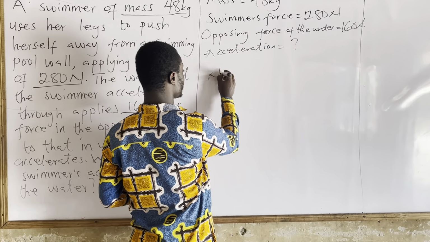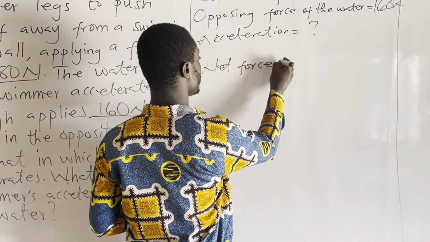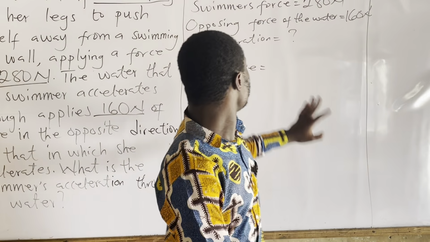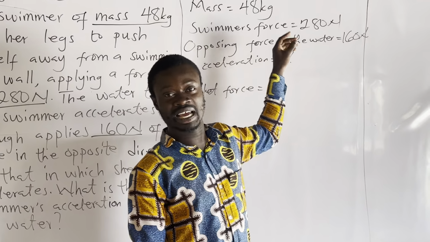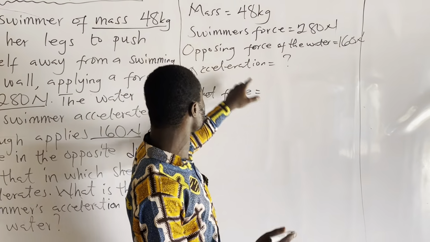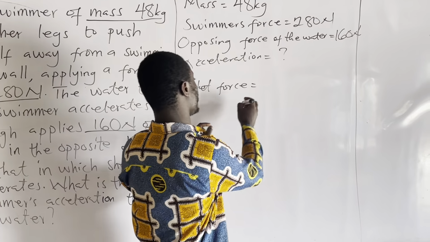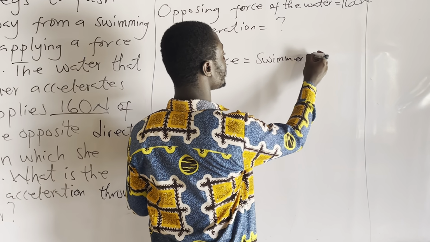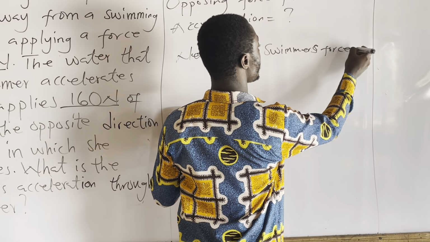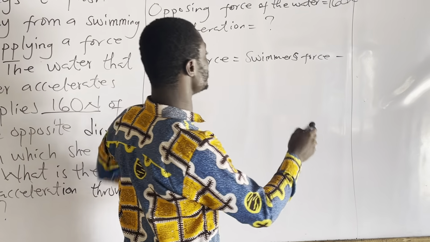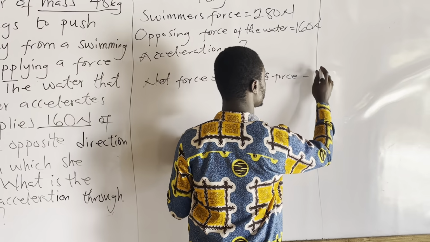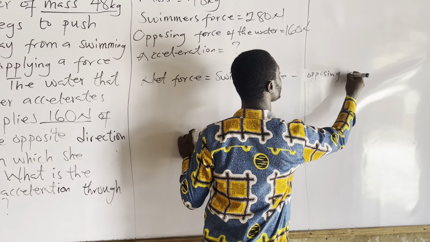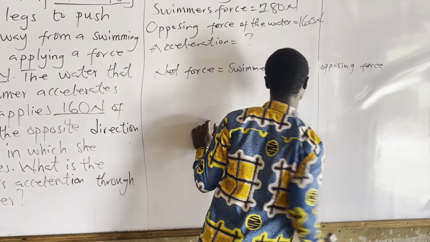So net force: we are going to subtract the smaller force from the bigger one. That gives us the net force. The bigger force is the swimmer's force. So net force will be swimmer's force minus opposing force, that is the opposing force of the water.